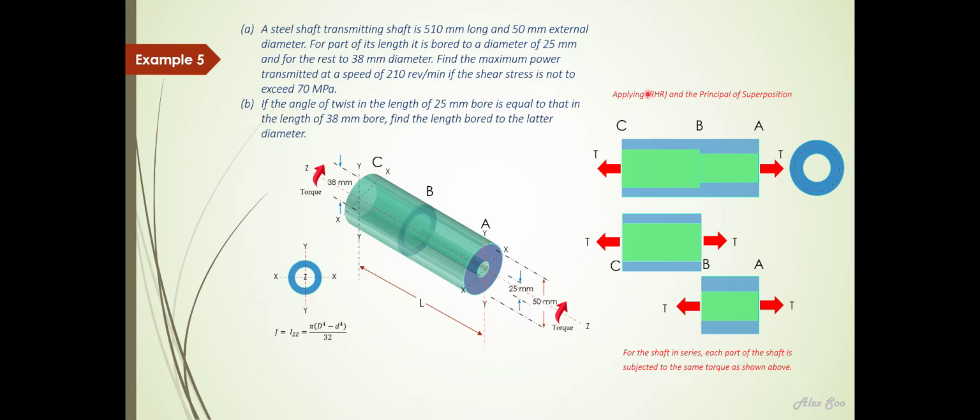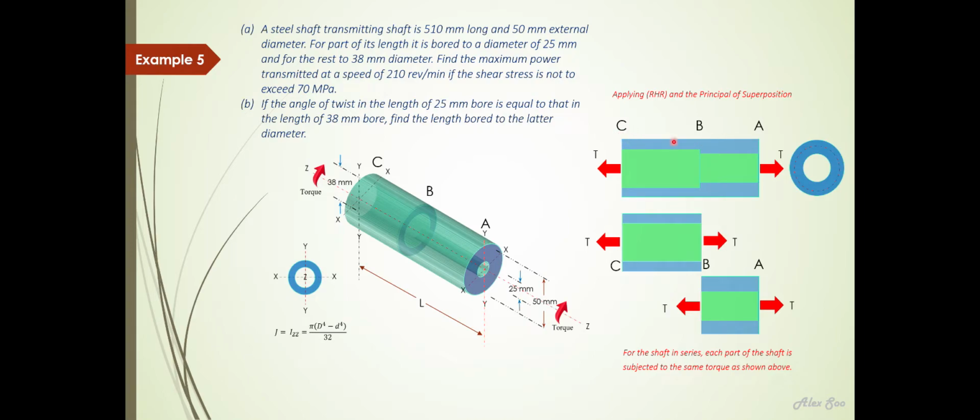Now applying the principle of superposition. You have heard of what the principle of superposition is. Also apply your right hand rules, or either left hand rules. So this is the whole shaft with the length of L with a section of AB and BC.